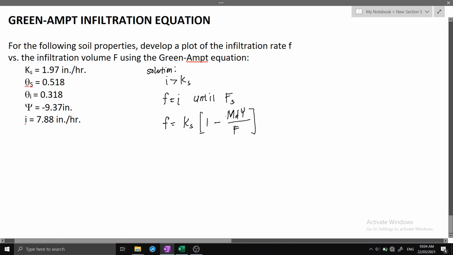So what is the MD, or the initial moisture deficit?